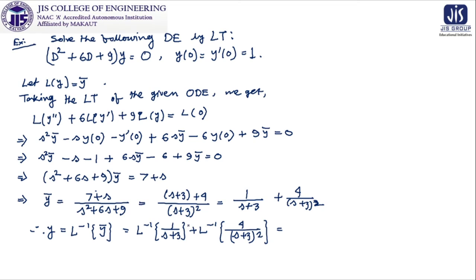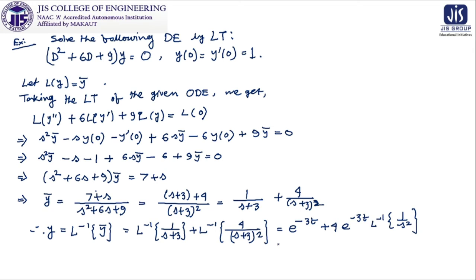This is a very simple Laplace inverse transform. So we can write it as e to the power minus 3t plus 4 into Laplace inverse of 1 by s plus 3 whole square. So I can write it as e to the power minus 3t. That means I am using the first shifting property over here of Laplace inverse of 1 by s square.